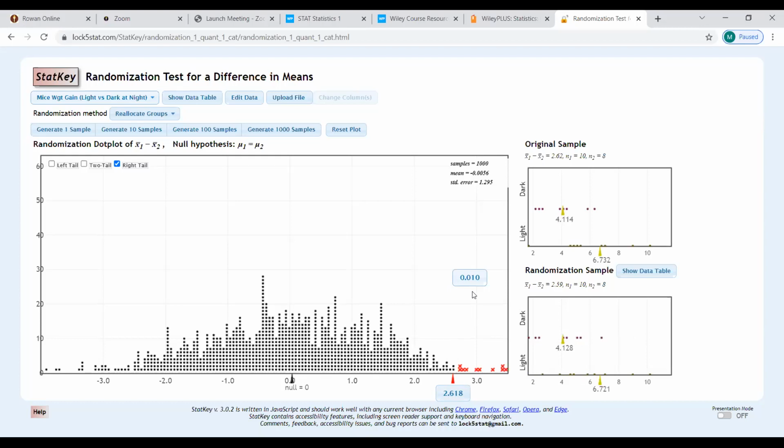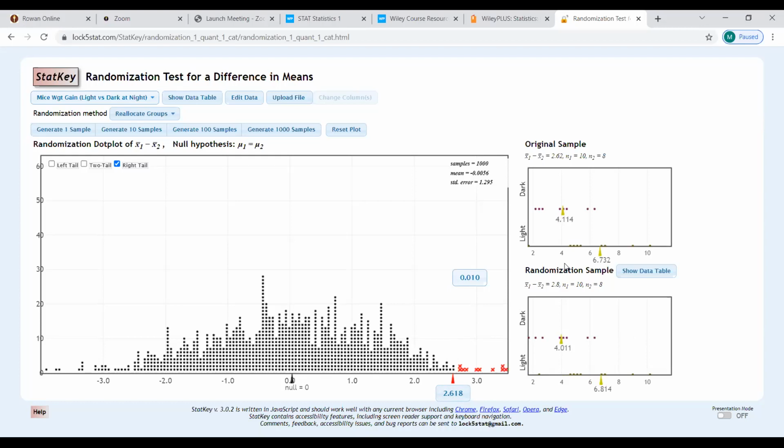That's really small. So this is sort of evidence against the null hypothesis, because if the null hypothesis is true, then there's only about a 1% chance of getting this particular sample. And that's really small.